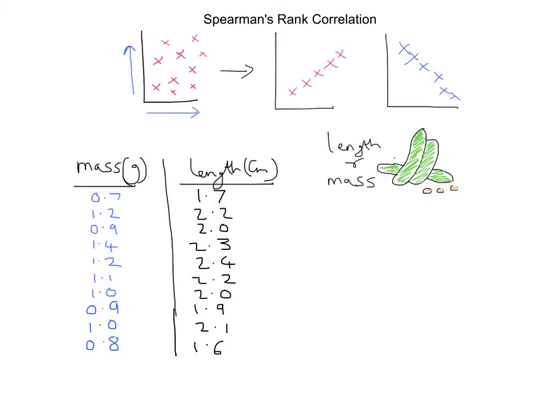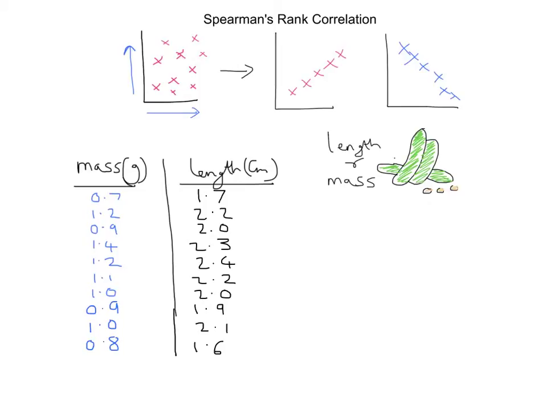Just a random example of a set of data. So we've recorded the mass of 10 beans and the length of those 10 beans. Now what we need to do, for Spearman's rank, with the actual data, is rank the mass column and the length column in order from smallest to largest.